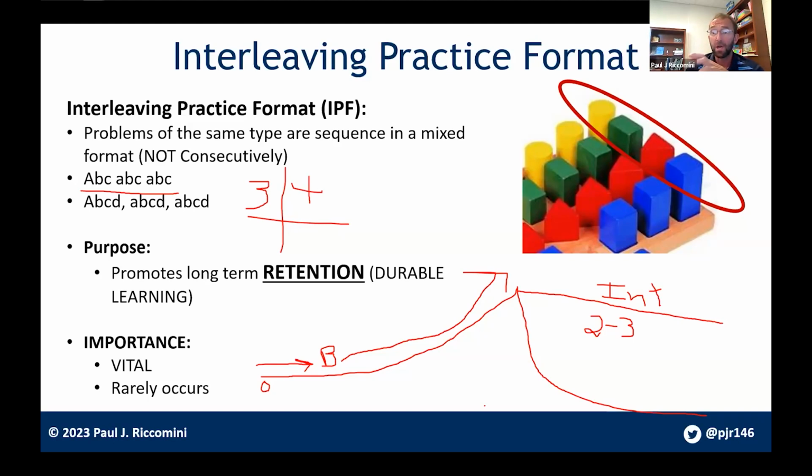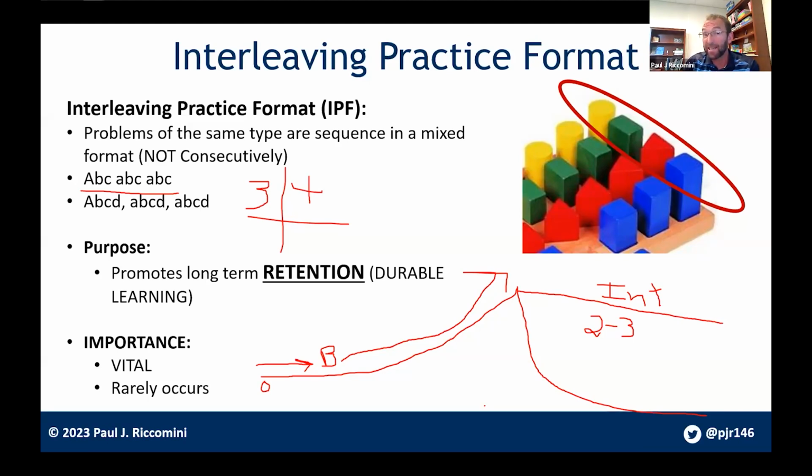All right, so what I want you thinking about is we're going to continue that blocked. That helps the kids acquire the skill. But once a skill is acquired at some level, then it becomes eligible for IPF. Now, the other thing I want to bring up here is your advanced kids need less blocked.